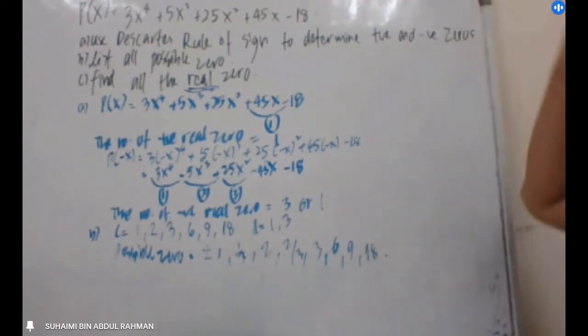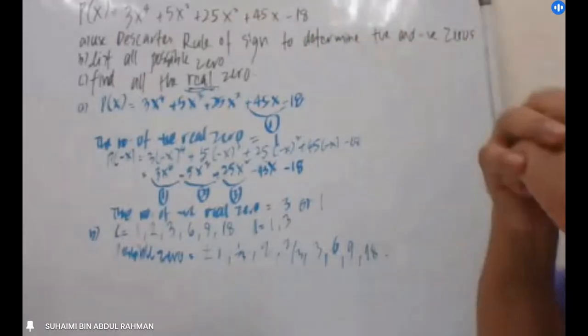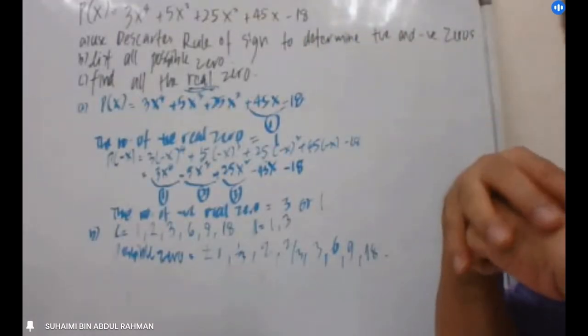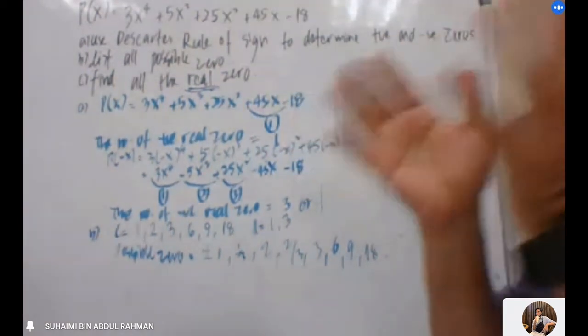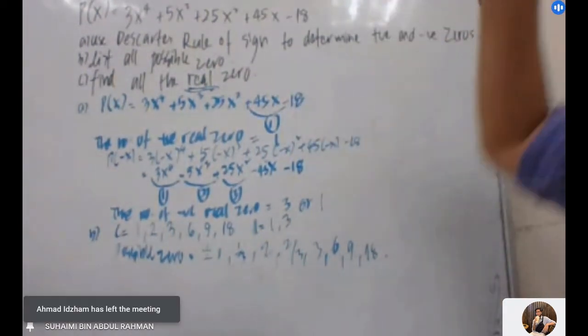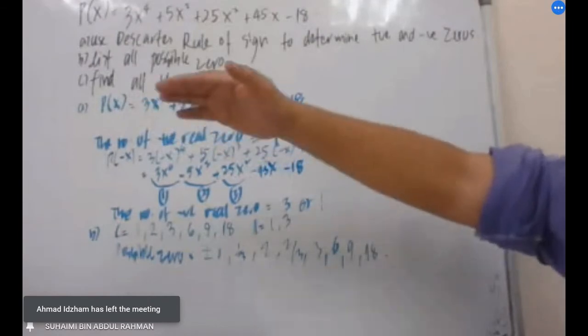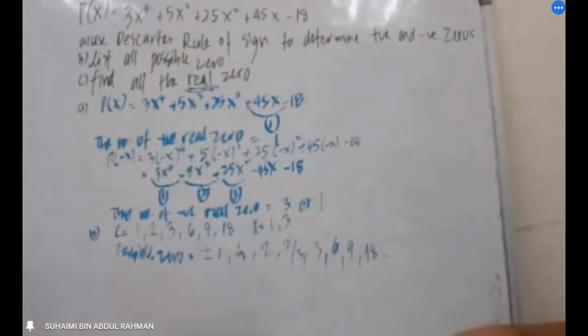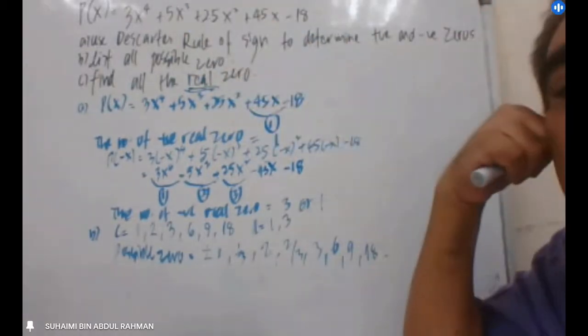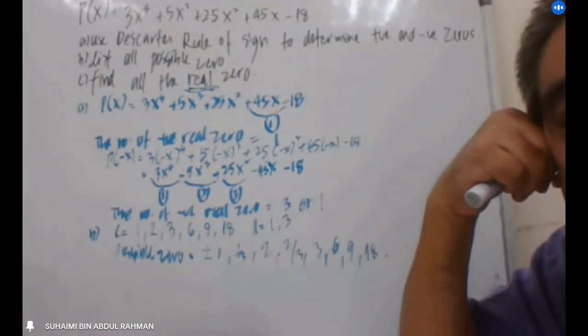In order to write it in factored form, because x to the power of 4 may be complicated, the easiest way is by reducing x to the power of 4. So to reduce, what do we have to do? We go back to the synthetic division from last week.